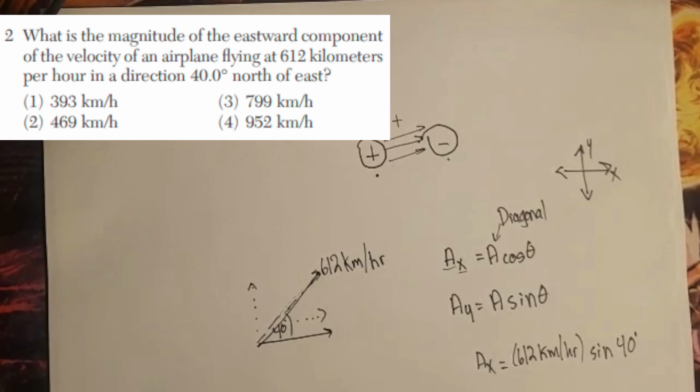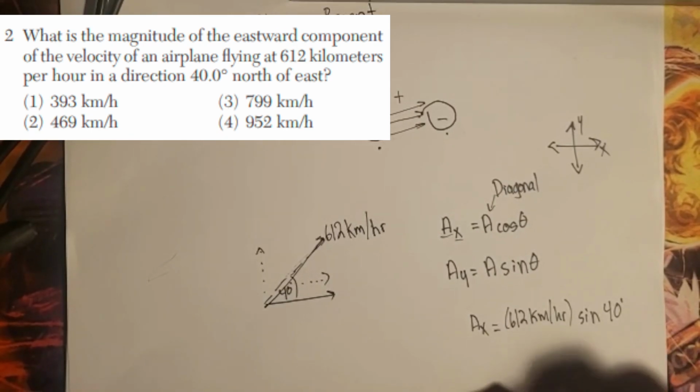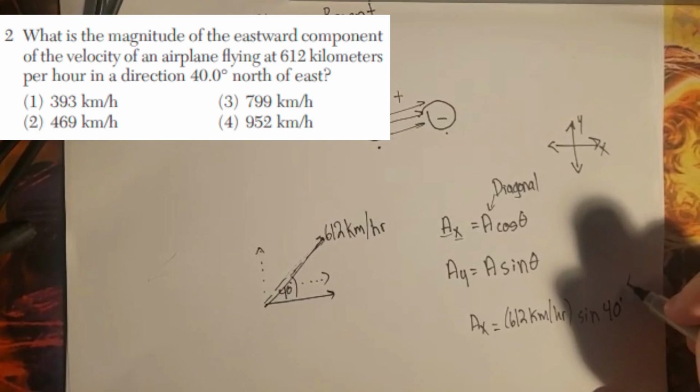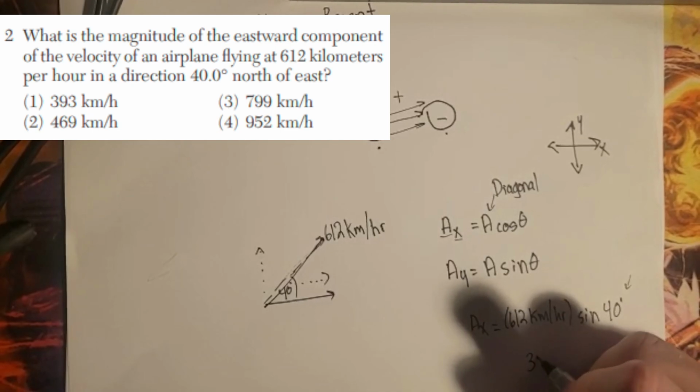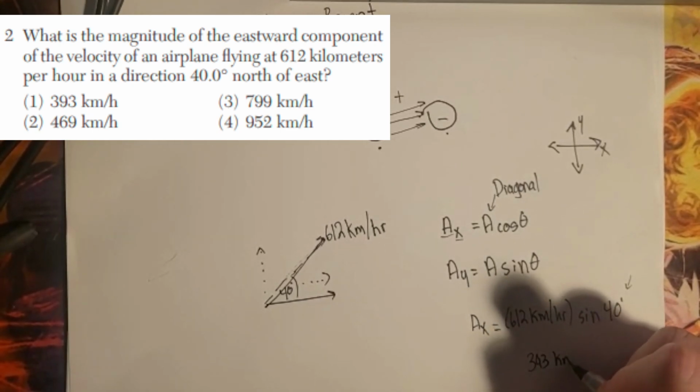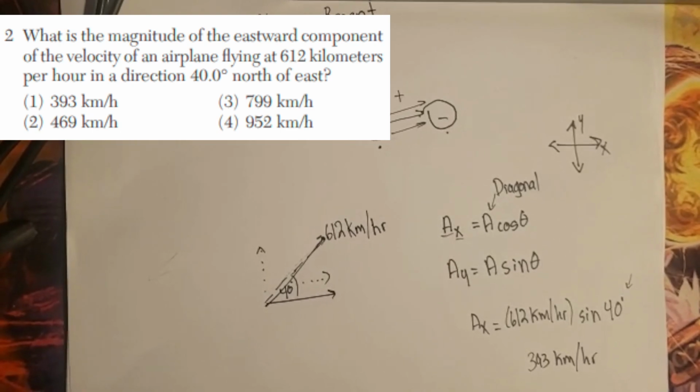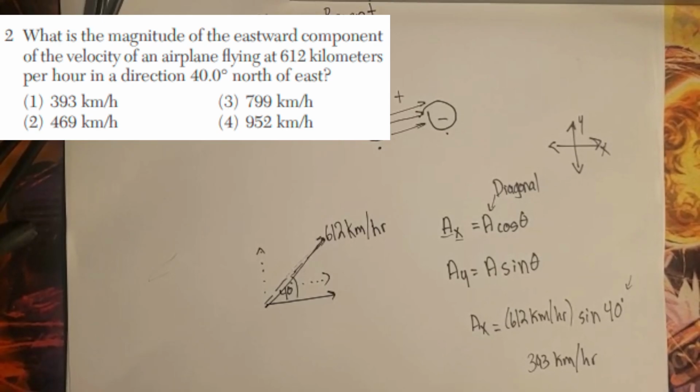Let's do the math. When you're doing this, make sure you're in degrees mode, because you have to do 40 degrees, not 40 radians. If you do the math properly, you'll wind up getting 393 kilometers per hour, which you see at the top over here is option number 1, 393 kilometers per hour.